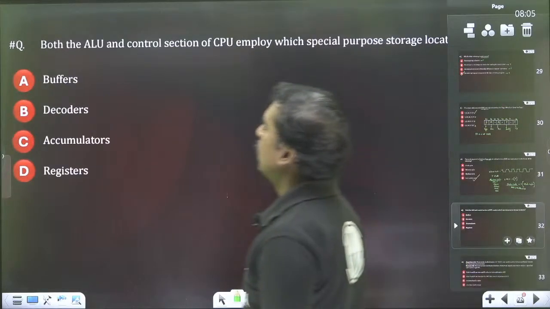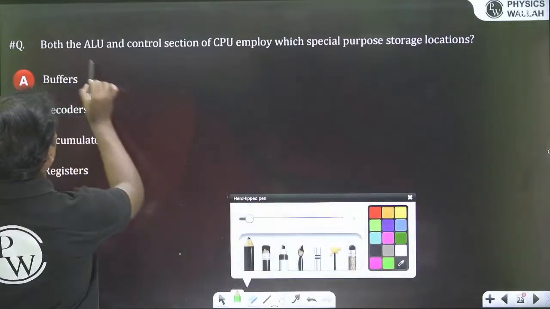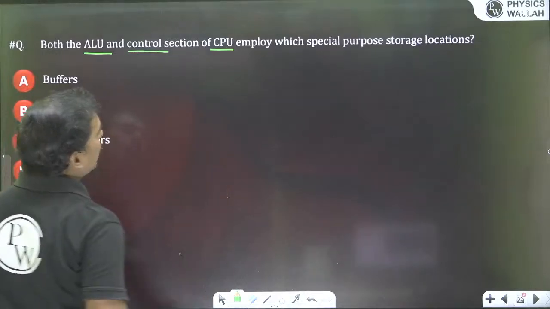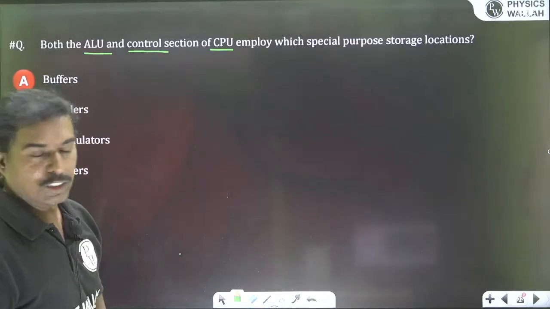Now, both the ALU and control section of the CPU employ which special purpose storage locations?